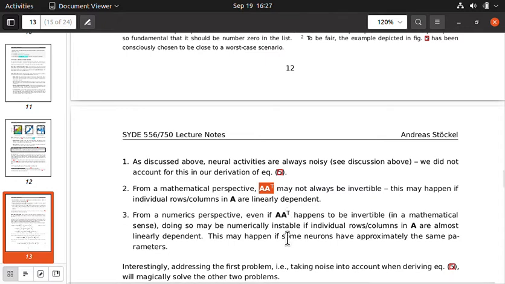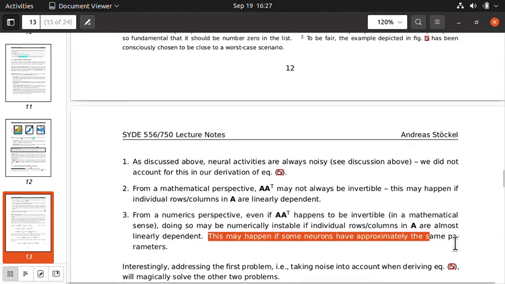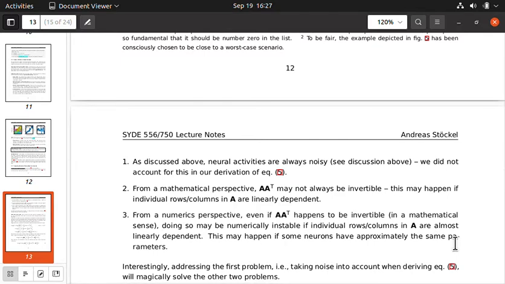In practice, that's going to happen if neurons have very similar parameters. Then you're going to have rows in that A matrix that are almost identical to each other. That's going to lead to numerical instability. Now the fun thing is that by taking noise into account, these two problems also go away, which is kind of nice.